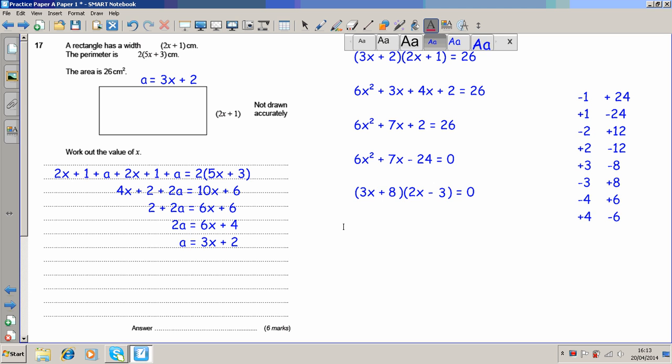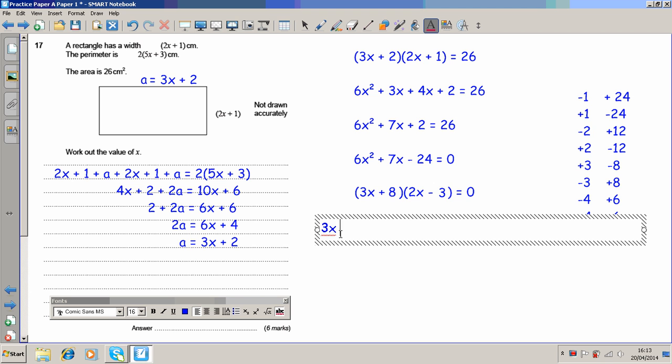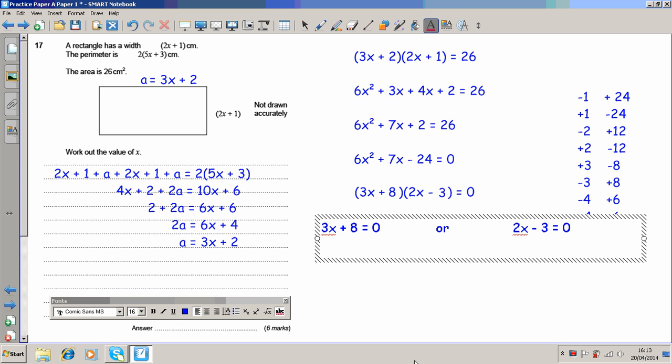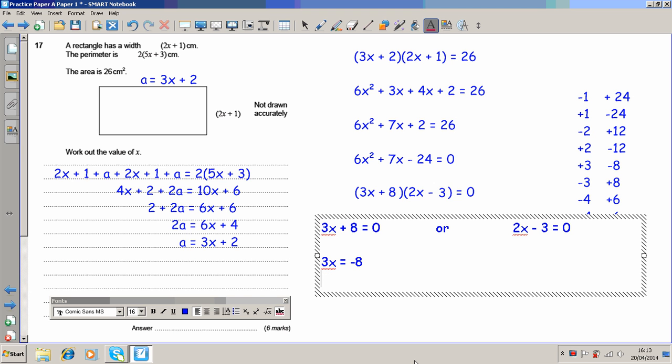So I'm getting somewhere. So now I've got two choices. I can either have 3x plus 8 equals 0, or 2x minus 3 equals 0. So if I solve this one, then I get 3x equals -8.